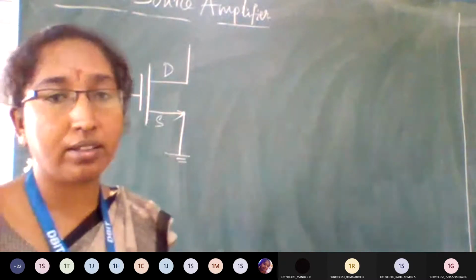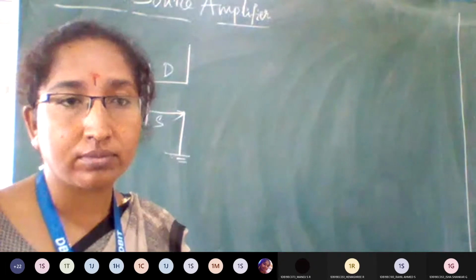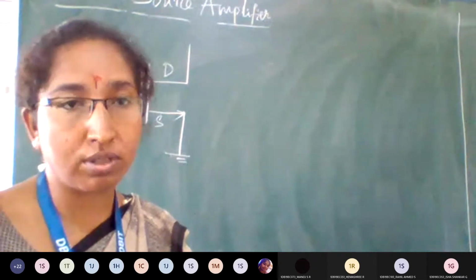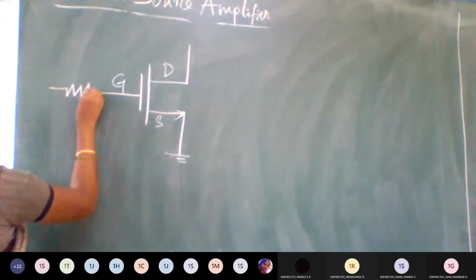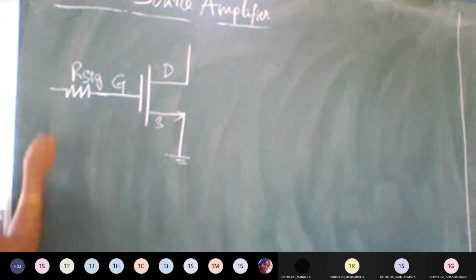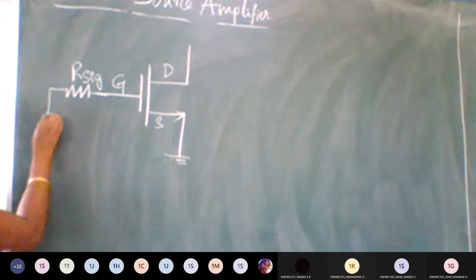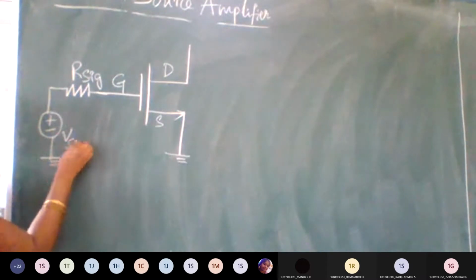What is the next thing? Where am I supposed to apply the input? Between gate and source. So I need to apply the input signal with the signal resistance R signal, with the respective signal voltage V signal.